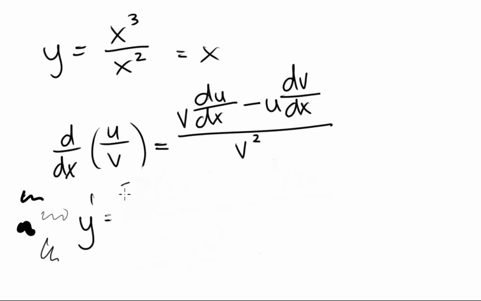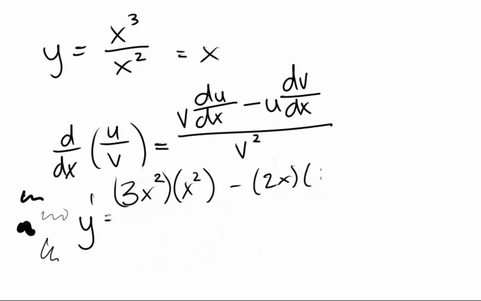So u prime is 3x squared times v, which is x squared, minus v prime u, 2x times x cubed. I don't know where that 6 came from. I made a mistake there. Okay, there we go. And then v squared, which is going to be x to the 4th. Okay, that's better.